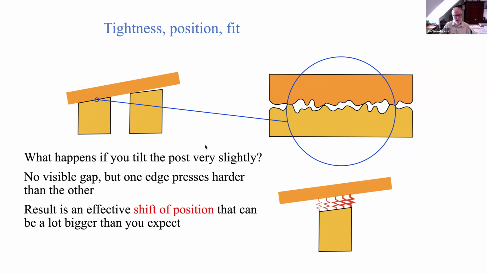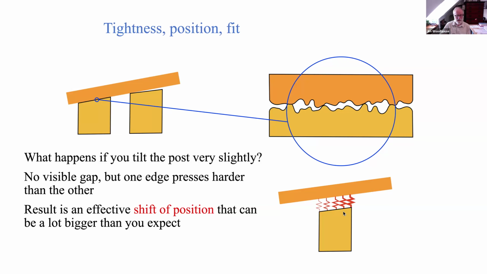So the result of that is that you do a tiny physical shift to the one end of the post, creating this tiny tilt. It looks as if it's still fitting, but you might only have moved the end of the post by 1/4 of a millimeter, but you might have shifted the effective position by a significant fraction of the diameter of the post.